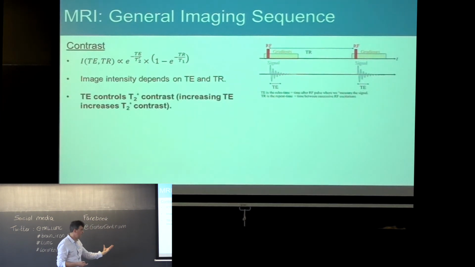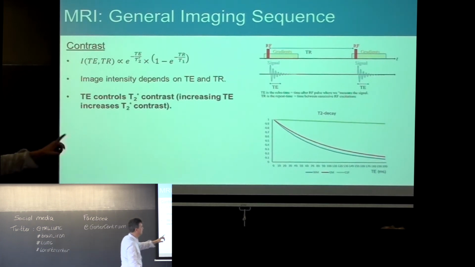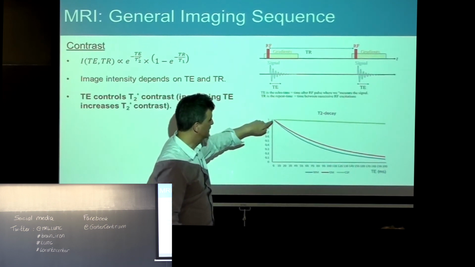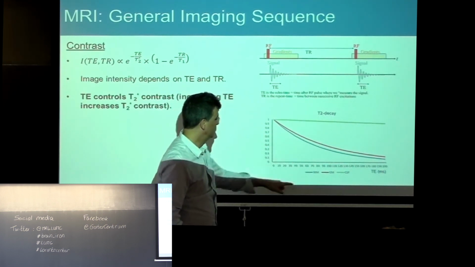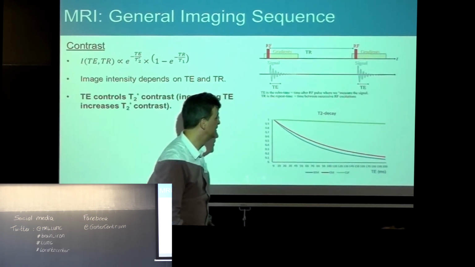So the TE, the echo time, controls the T2 star contrast. If we increase the echo time, we get more sensitivity to signal decay, because we've allowed longer for that. Just showing that effect, imagining we have 3 different sources of signal which are decaying at different rates, so actually white matter, grey matter and cerebral spinal fluid.